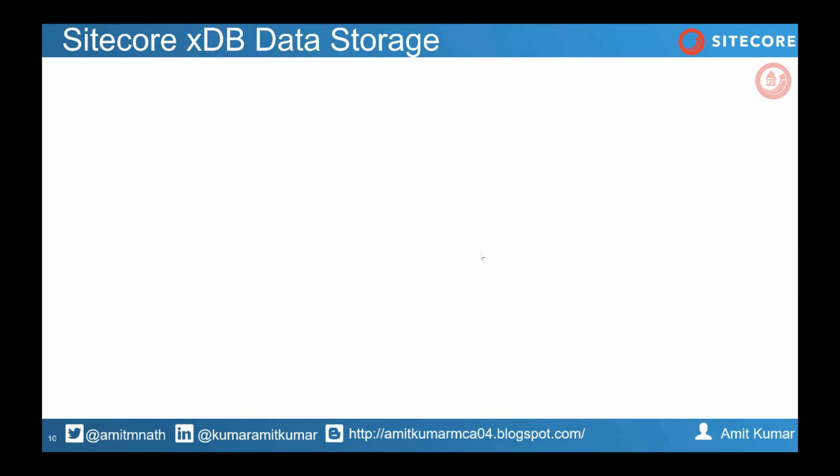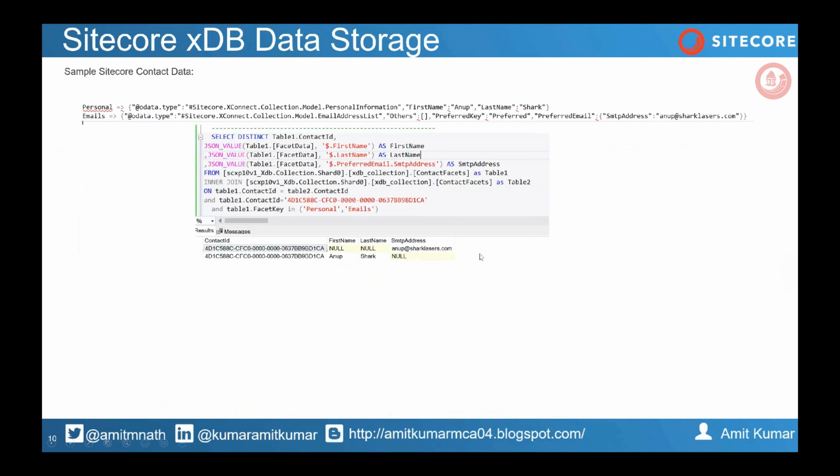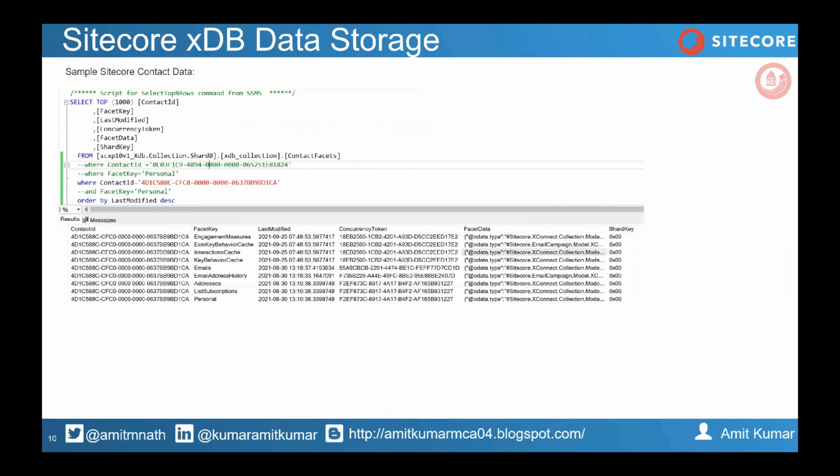You need to set the consent on the basis of your cookie value. Then only Sitecore will start capturing the data. I hope I was able to answer. Shall I proceed?